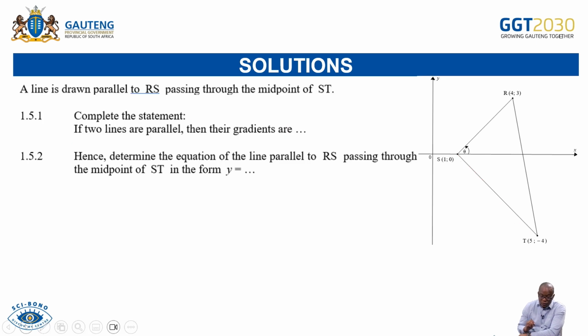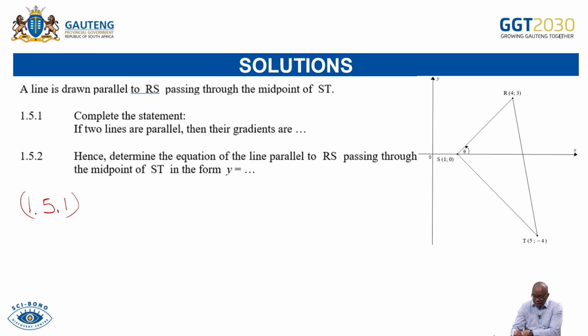Then now we go to number 1.5. In 1.5 you have a statement above there. The statement says a line drawn parallel to RS passing through the midpoint of ST, correct?